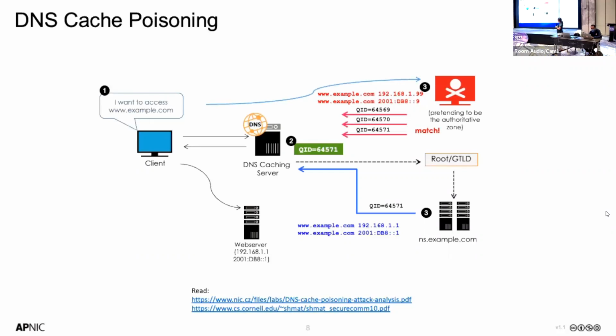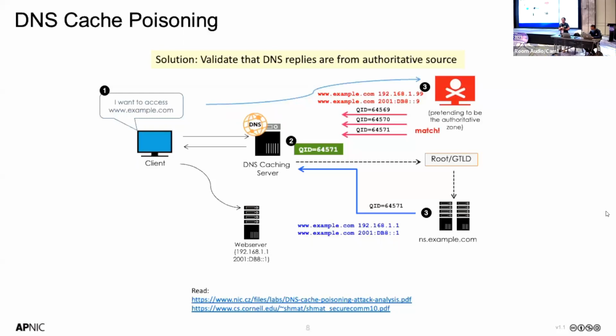What makes this worse is that some of the earlier DNS applications use query IDs that are sequential, meaning if your query ID is 64571, the next will be 64572, and so on. It's guessable, which at this age is not good, because you can script it and automate sending a bunch of responses, hoping that one of them will match. So that is DNS cache poisoning.